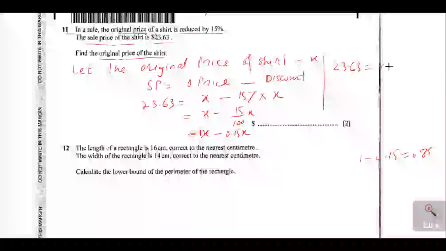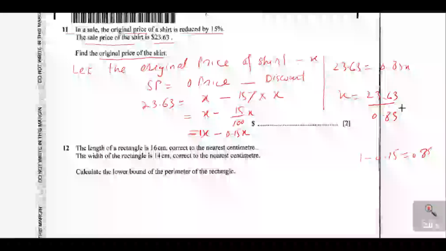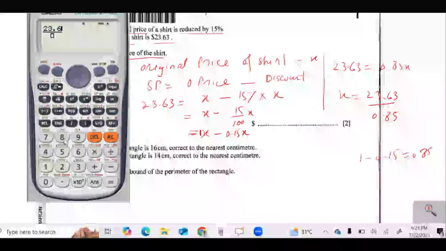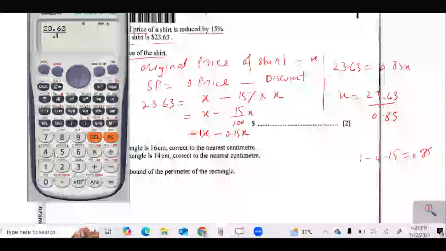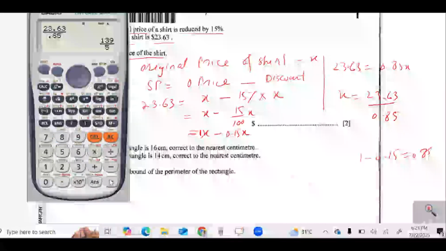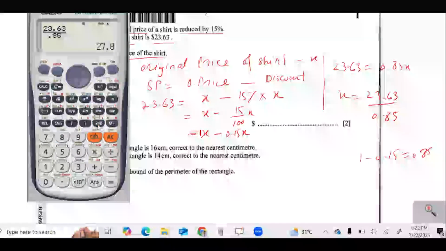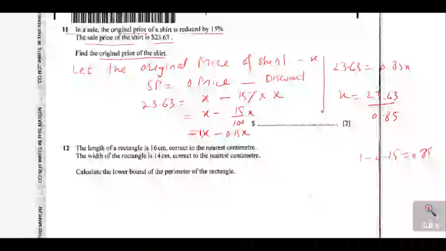So we write 0.85X, and X will be equal to 23.63 divided by 0.85, and this will be equal to 27.8. So $27.8 will be the answer. Now we will move to the next question of this paper.